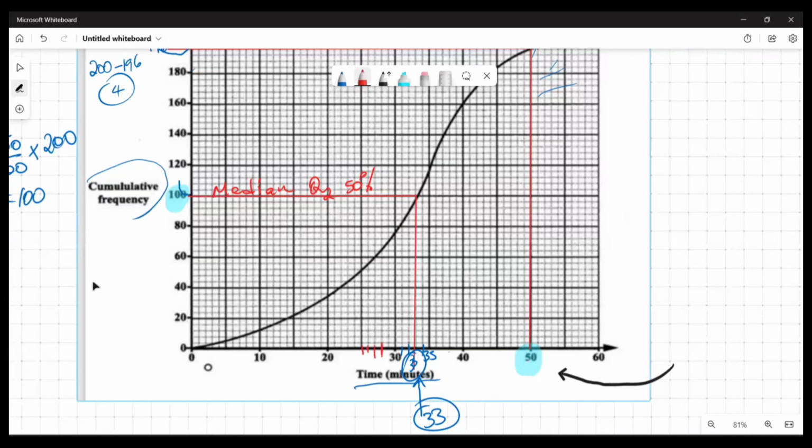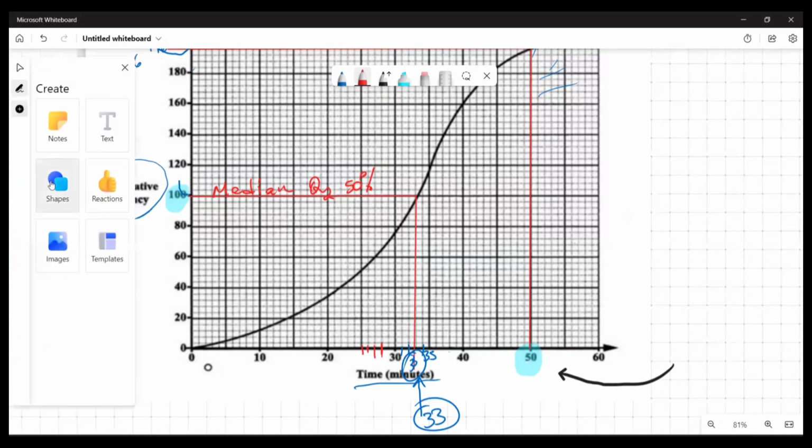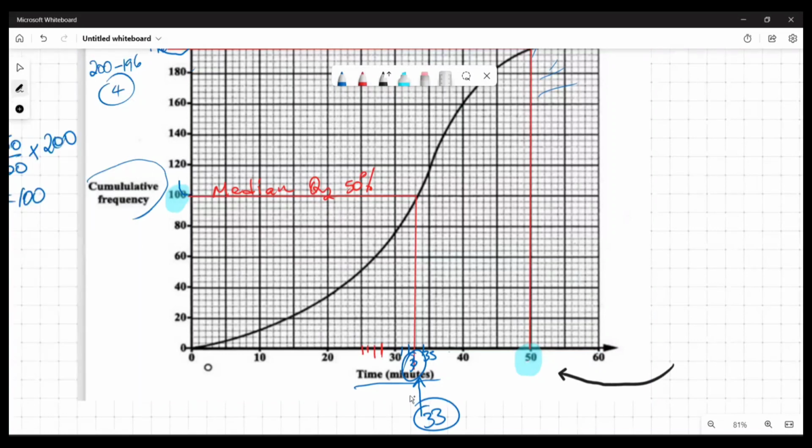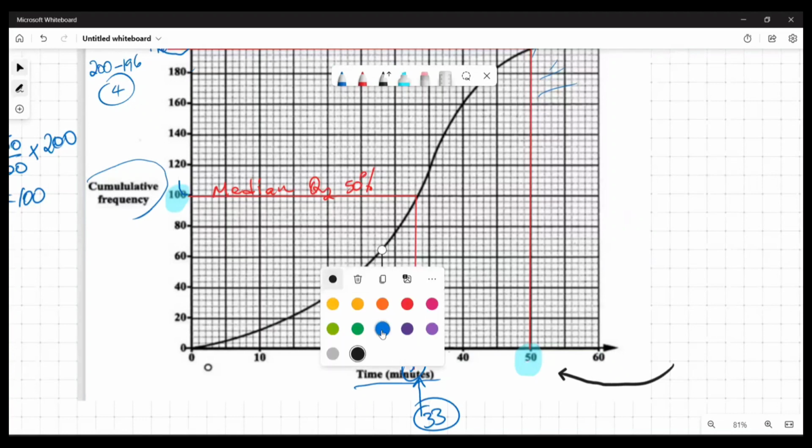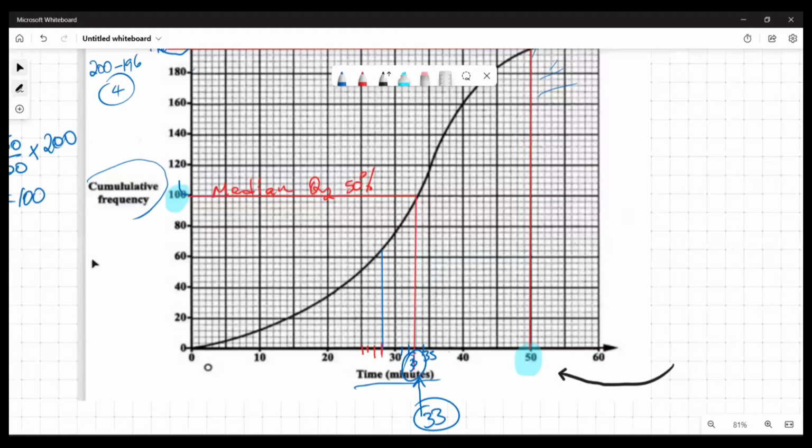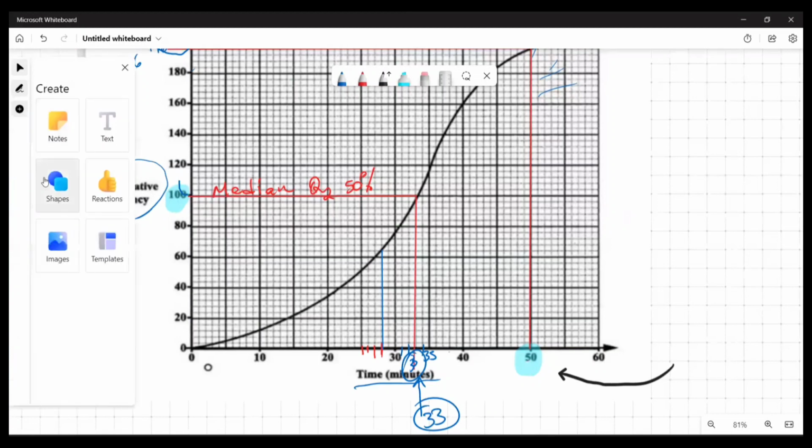So I'm going to follow that 28 line there, and I'm going to take it to the curve. See there? 28. And as it touches it, I stop. And then I'm going to go across to interpret the answer.